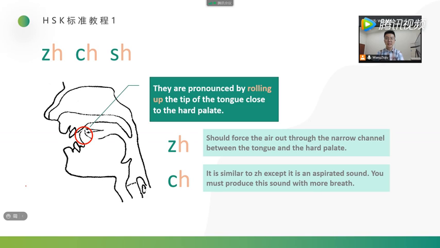吃, it is similar to 知 except it is an aspirated sound. You must produce this sound with more breath. Listen. 吃。When we pronounce 吃, we should first roll up the tip of your tongue close to the hard palate, block the airflow.